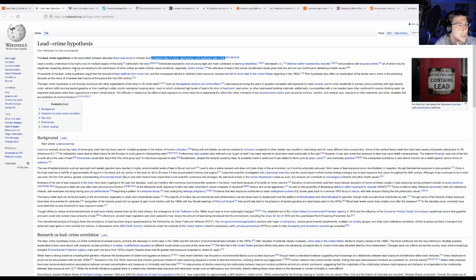Okay, so it's a hypothesis. Proponents of the lead crime hypothesis argue that the removal of lead additives from motor fuel explains the falling crime rates in the United States beginning in the 90s. Huh. That's crazy.